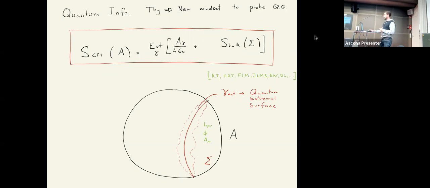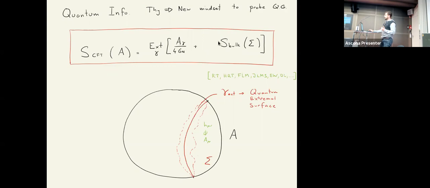So here's a cartoon for this. The CFT lives on this black circle here. And we want to understand what the entanglement entropy of some subregion A is. And what you have to do is find some surface that extends into the bulk. These are these couple of different red curves here. And you look at the area of this curve over 4 times Newton's constant.